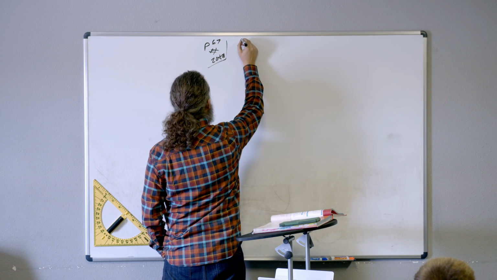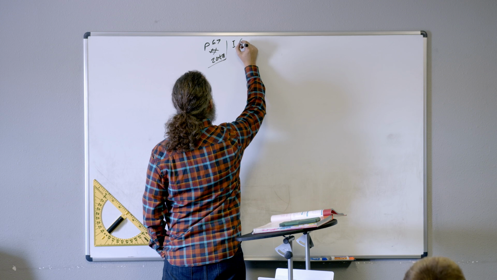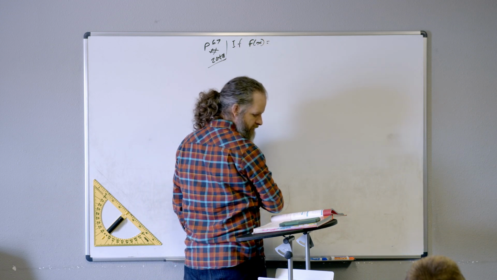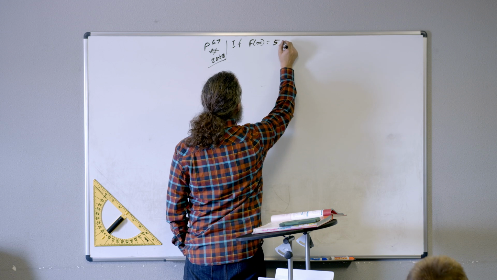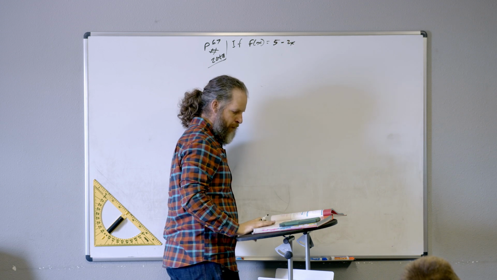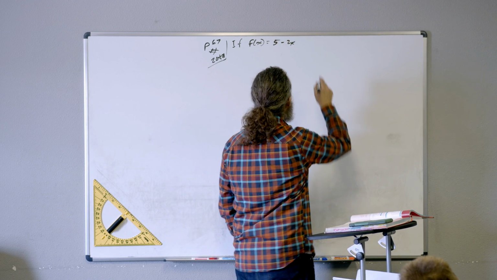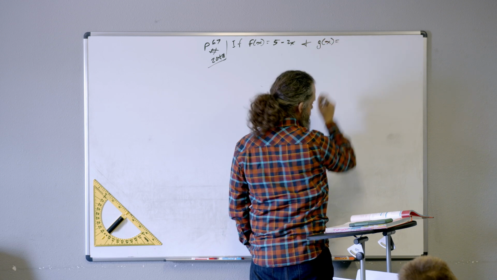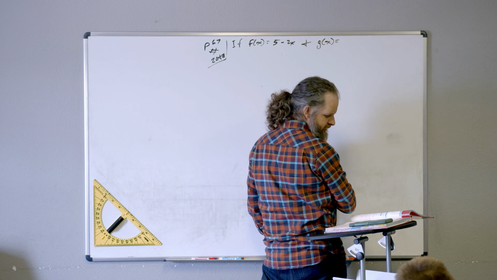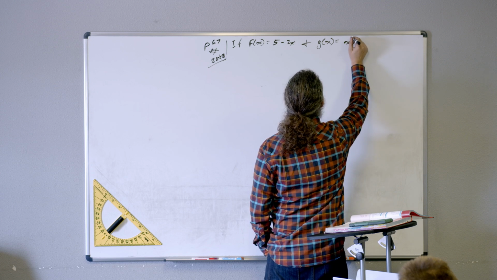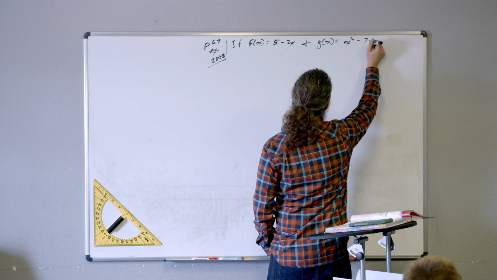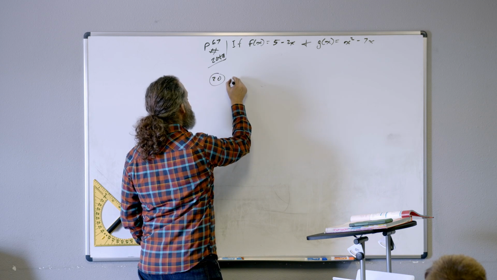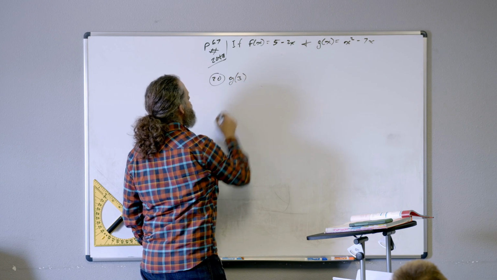So if f of x equals 5 minus 2x and g of x equals x squared minus 7x, we're supposed to find g of 3 to start.